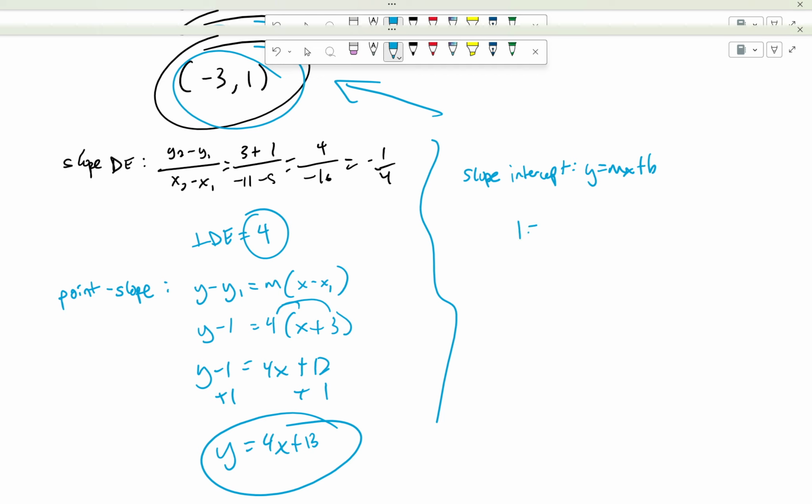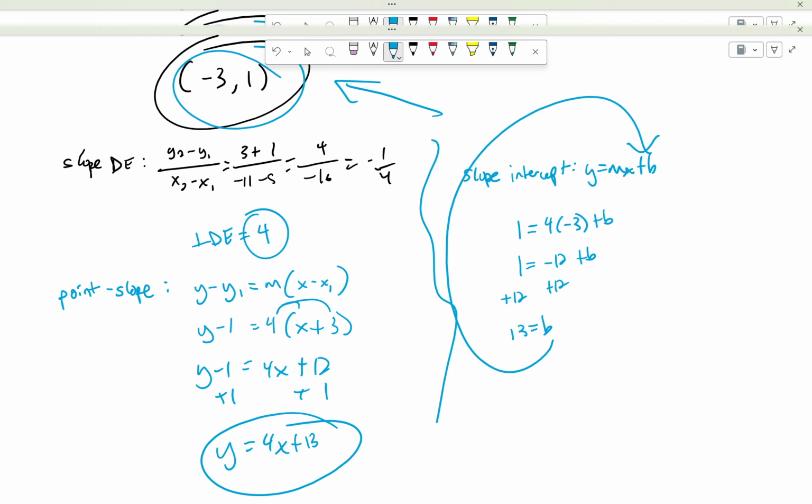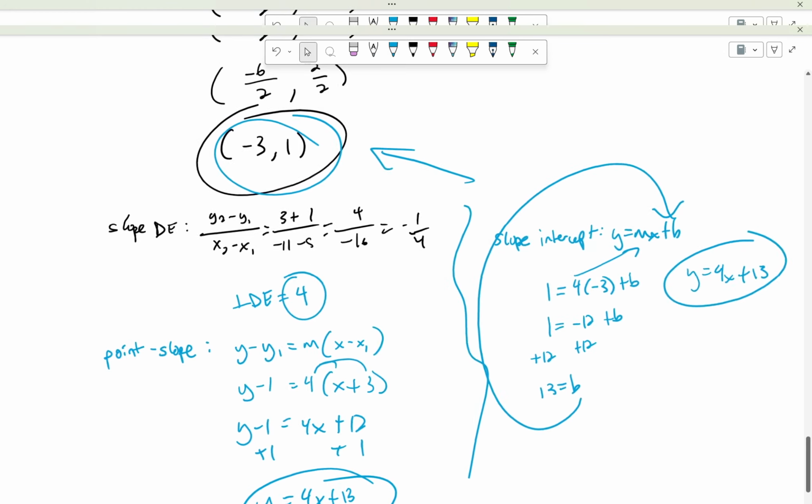So I'm going to say 1 is equal to my slope, 4 times negative 3 plus b. So 1 is equal to negative 12 plus b. And then I add 12 to both sides, right? So then this is going to be 13 is b. And then I'm going to plug that back in here. I already have my slope of 4, plug in here. So I have y is equal to 4x plus 13. Same exact thing, okay? Doesn't really matter which way we do it.